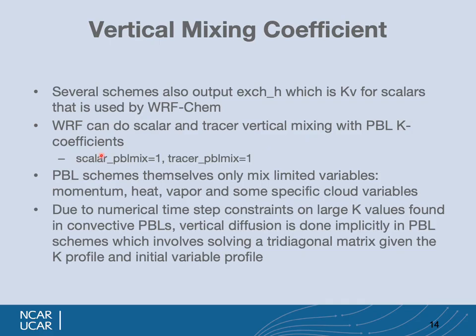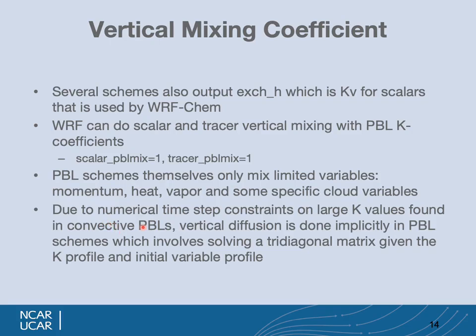So you can turn on scalar PBL mix or tracer PBL mix, and then the scalars and tracers will be mixed by the same K coefficients as the PBL scheme. The PBL schemes themselves only mix limited variables: momentum, heat, vapor, and some specific cloud variables, but they don't mix anything else. So especially tracers, if you're running a model with tracers, you'd need to turn on the tracer PBL mix to enable the PBL to act on those tracers.